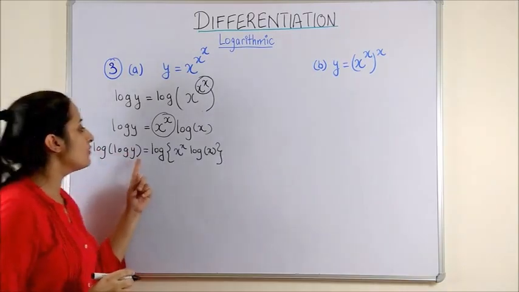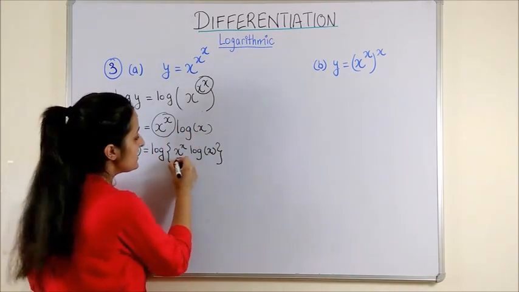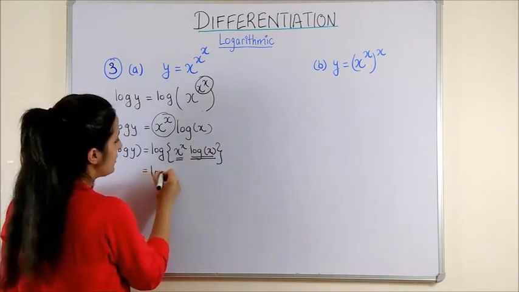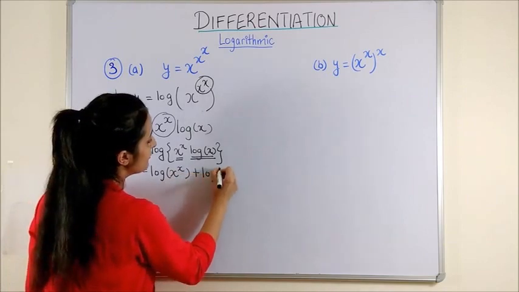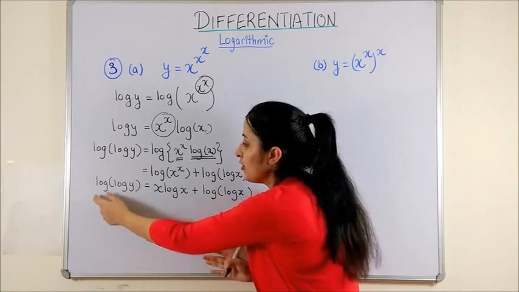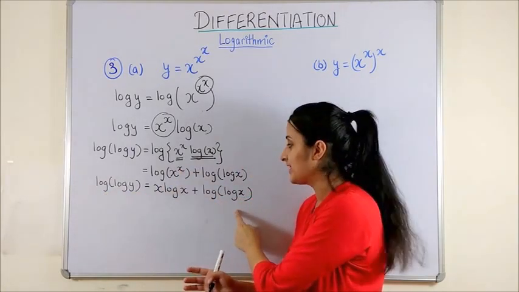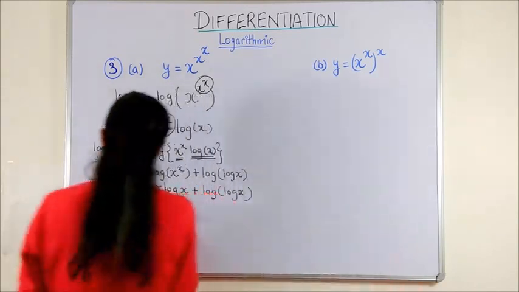So you get log of log y is equal to log of this entire term. Now if you see, this is the product of two functions, which gives us log of x to the power x plus log of log x. This further becomes log of log y is equal to x log x plus log of log x. Let's now differentiate it with respect to x.